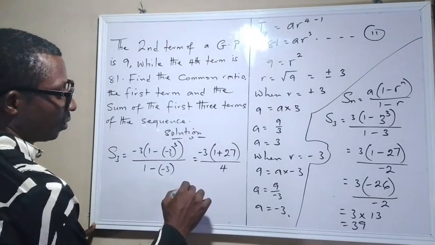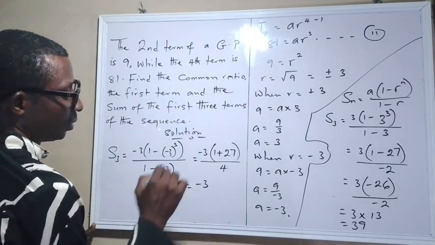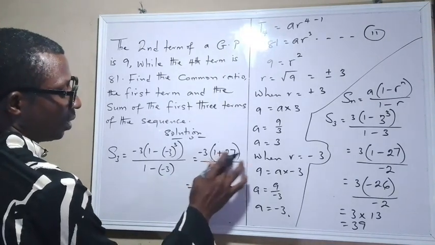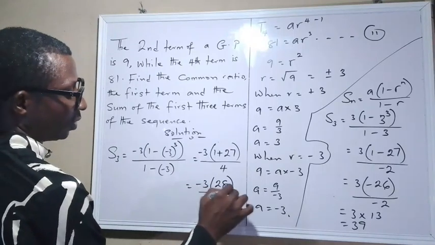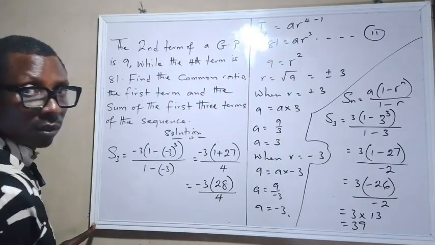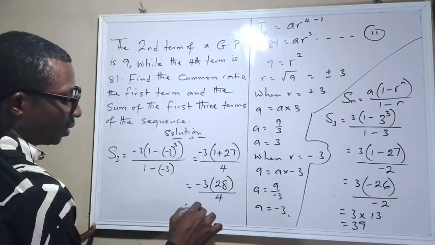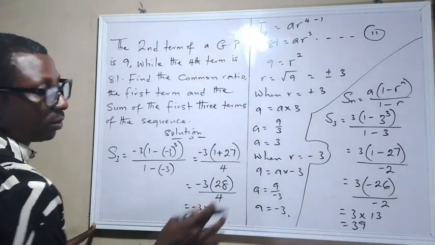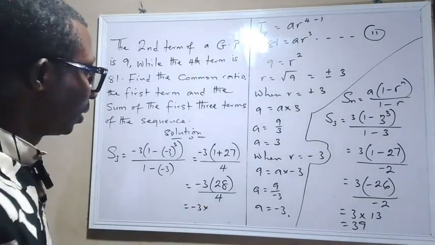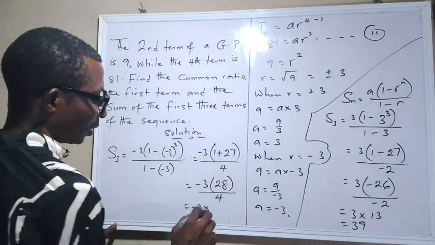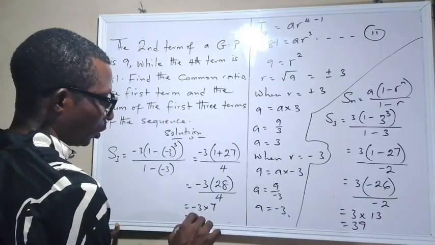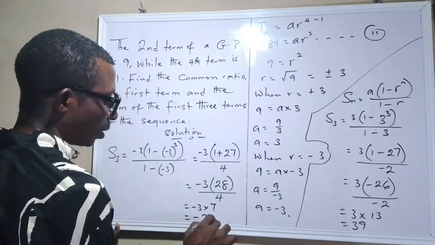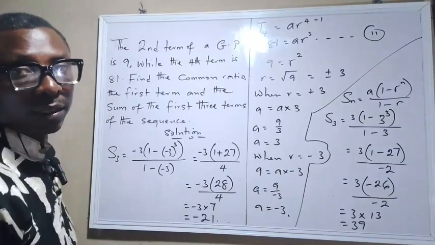So we have minus 3 times 28 over 4. How many 4s are you going to see in 28? That is going to be 7. So our final answer is going to be minus 21. So that is going to be the answer to the problem.